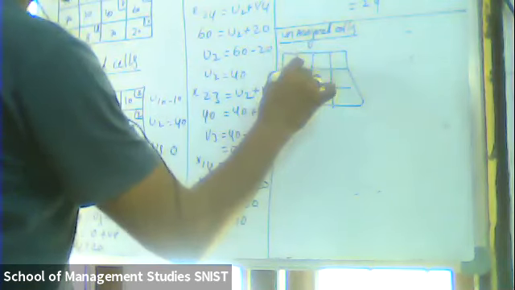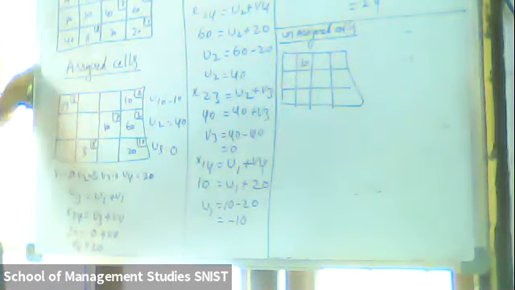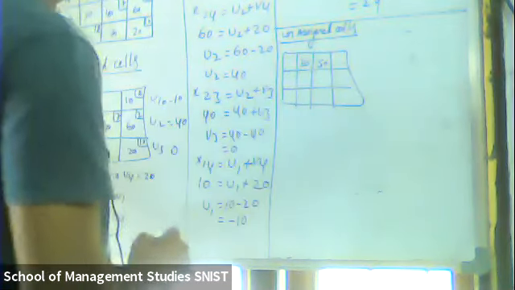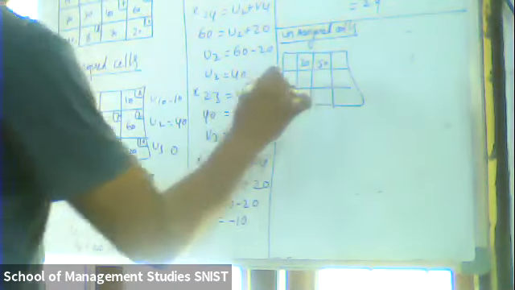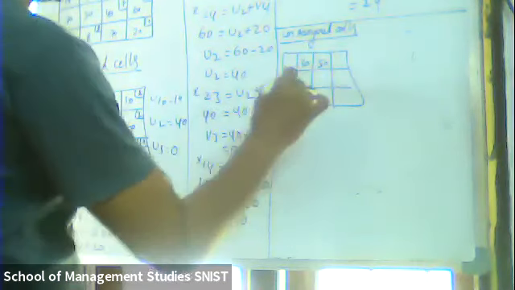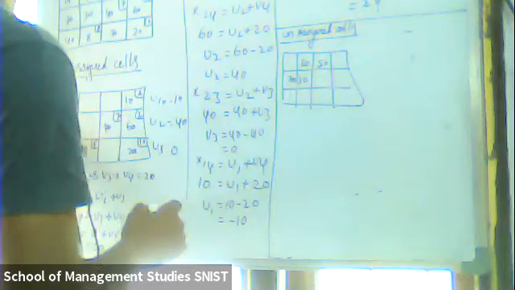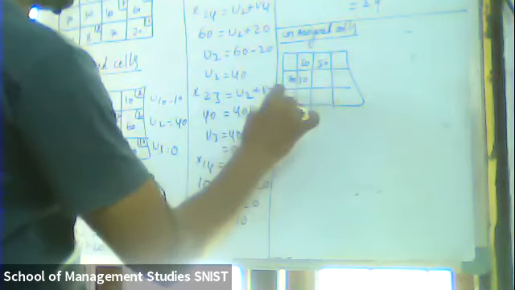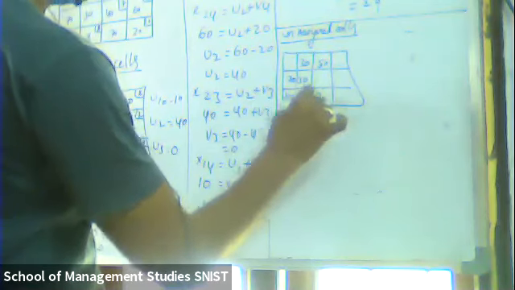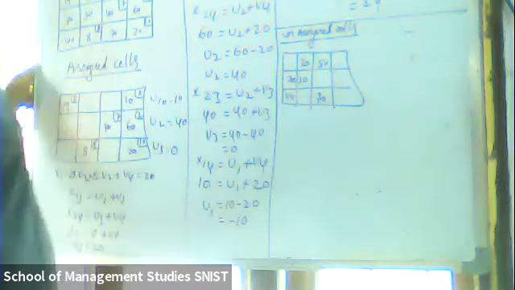So x12 is an unassigned cell, x13 is also an unassigned cell, x21, x22, x31, and x33 are also unassigned cells. Yes or no?